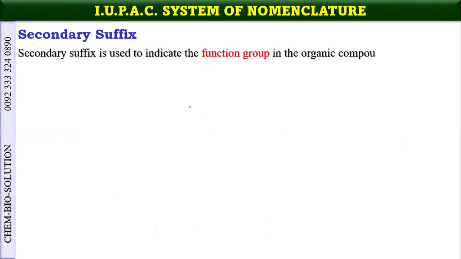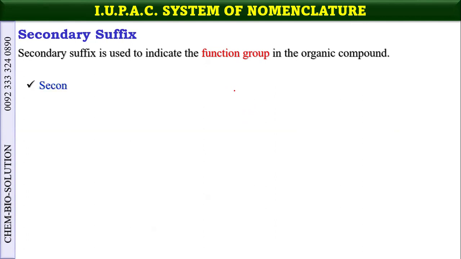Now, the secondary suffix. The secondary suffix is used for the functional groups along with the hydrocarbon. All the functional groups possess a suffix. For example, you have studied in your O level or in your early classes that there could be alcohol group, ending on -ol. So all the alcohols end on -ol, propanol, butanol, and acids end on -oic acid, butanoic acid, ethanoic acid.